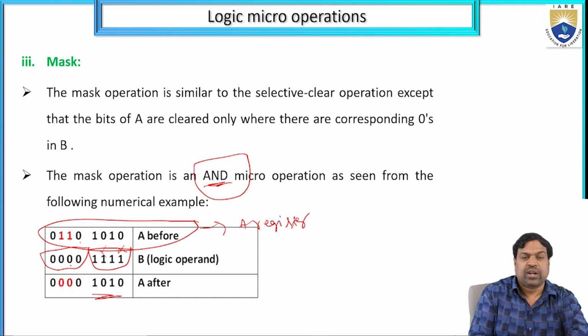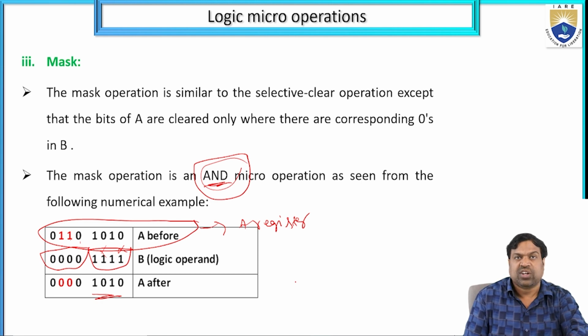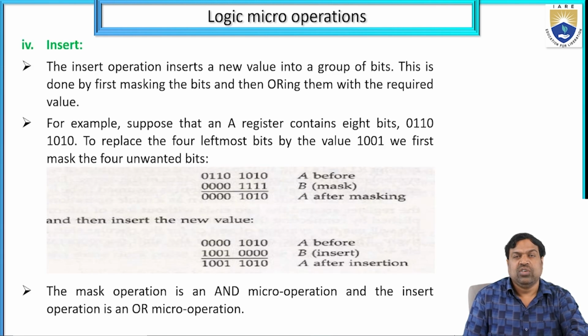B I'm taking as higher values all zeros, lower order values ones. Then only I'm applying the AND operation, means multiplication of this one. Then only I will get the operation. That is called the mask operation. So insert means after getting the mask, we are continuing the operation. So first we have to apply the mask, then only we'll go for the insert operation.